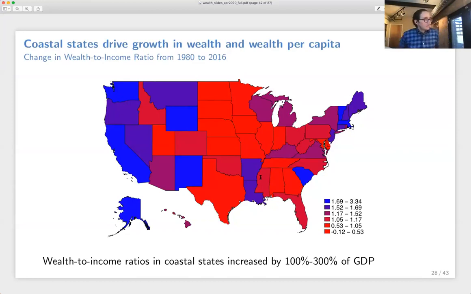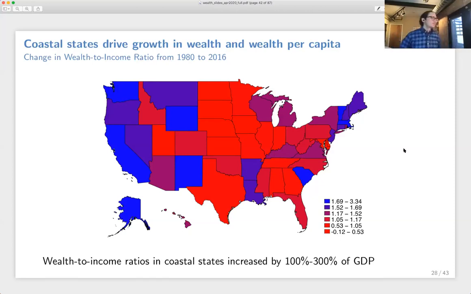Okay, so a little bit more of something different. We are able to provide wealth estimates at the geographic level. So here what we do is compute wealth to income ratios across states and look at the change in those over time. From 1980 to 2016, we see much more of an increase in wealth to income ratios in coastal states than non-coastal states. Maybe some exceptions here, like Arkansas.